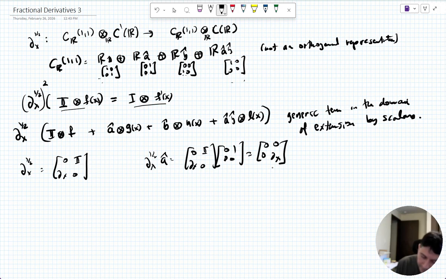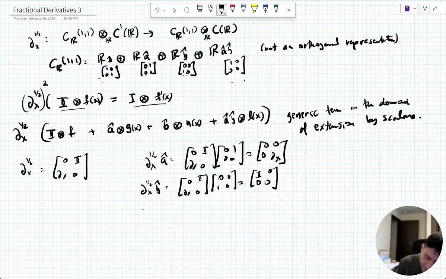It's going to be 0, I, d/dx, 0, acting on 0, 1, 0, 0, from which we get the identity over here, 0, 0, 0, 0.